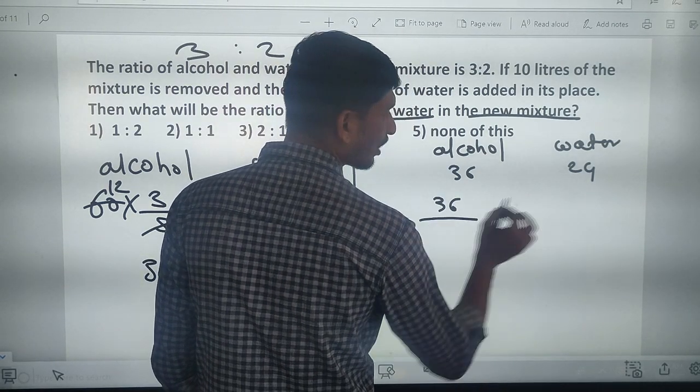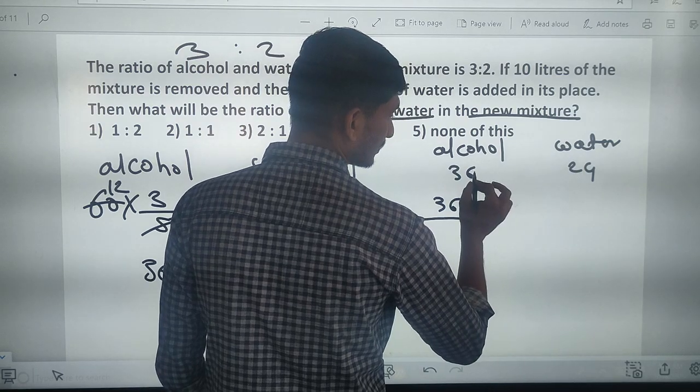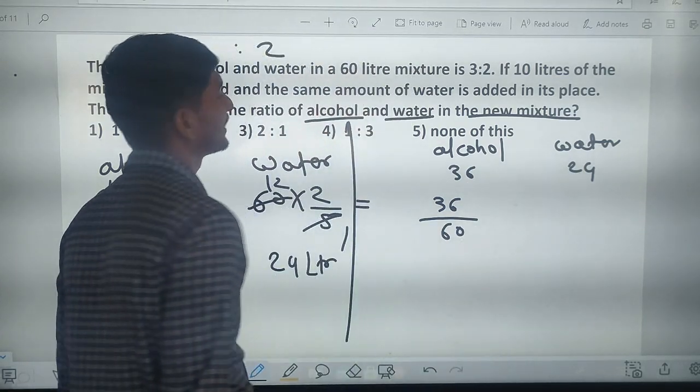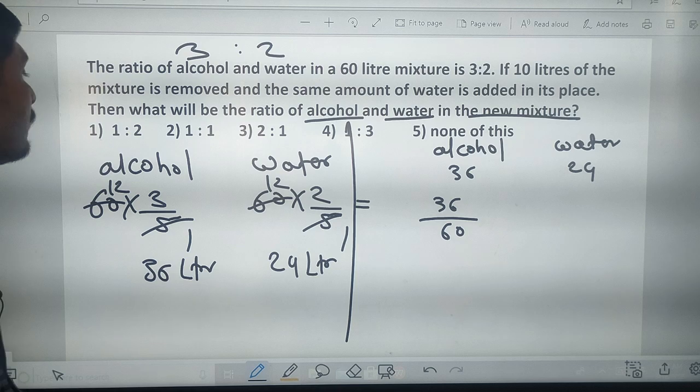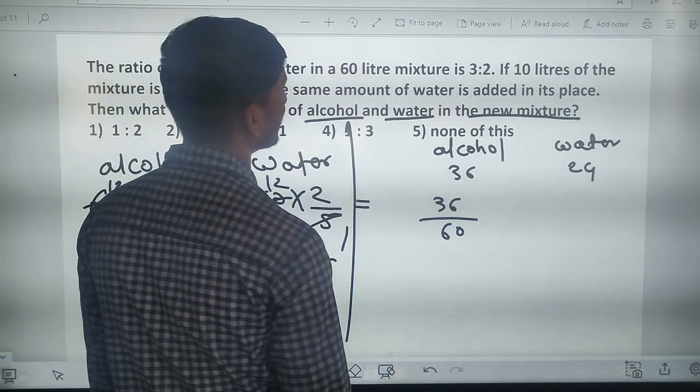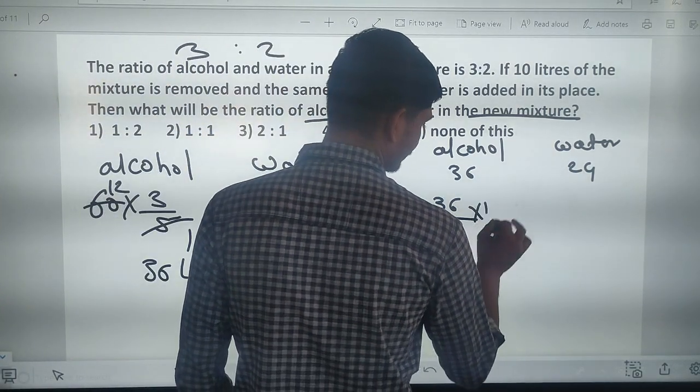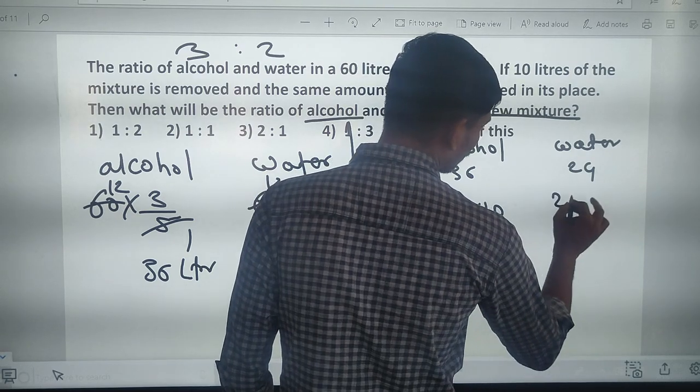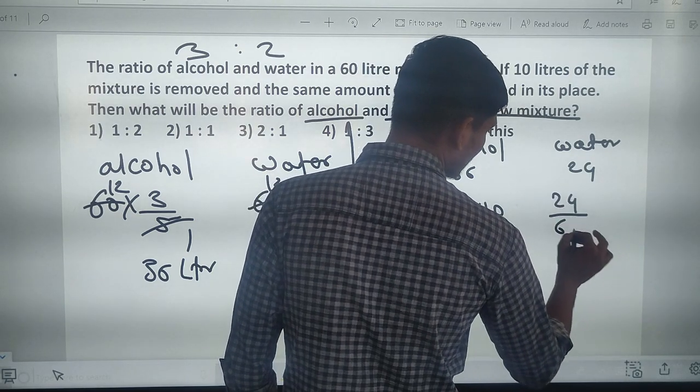Now here the right part: 36 liter out of 60 liter, then part 10 liter was removed, and 24 liter out of 60 liter.